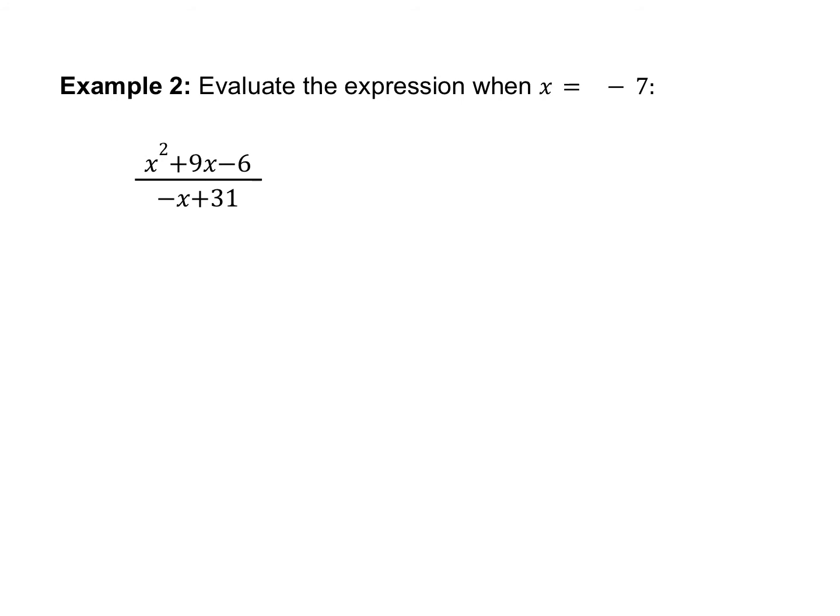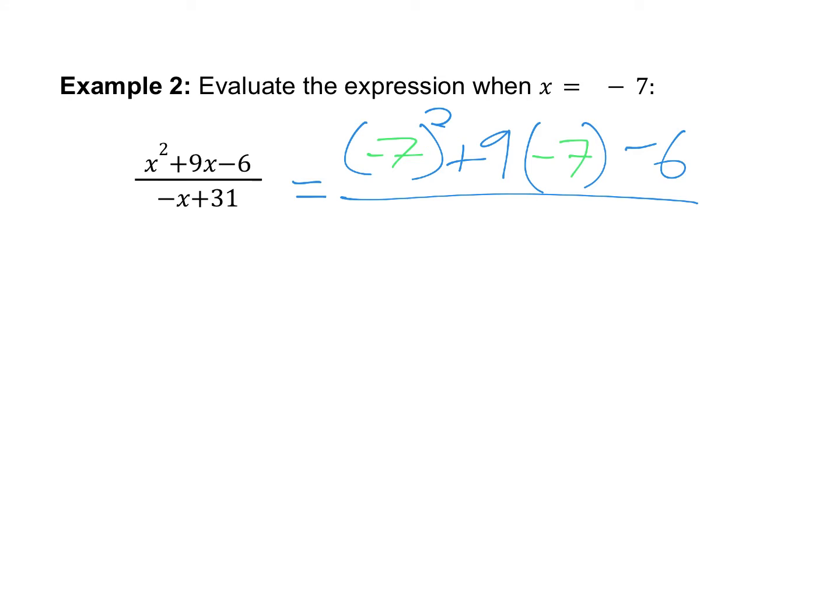We want to evaluate this expression when x is -7. So again, I'm going to use my trusty parentheses, plug in the x value, -7, and then again, plug in -7 in the denominator.